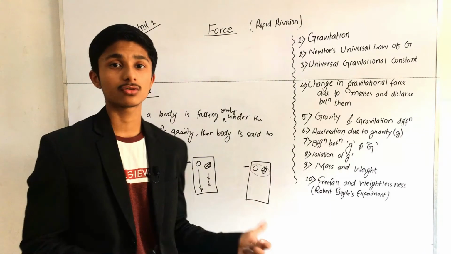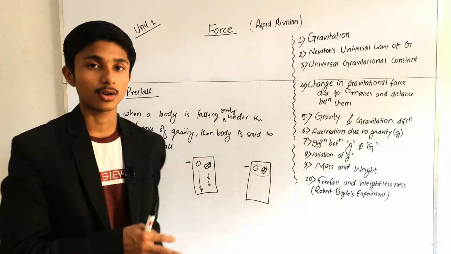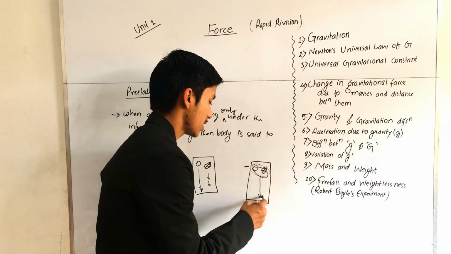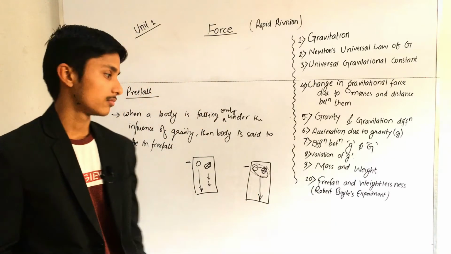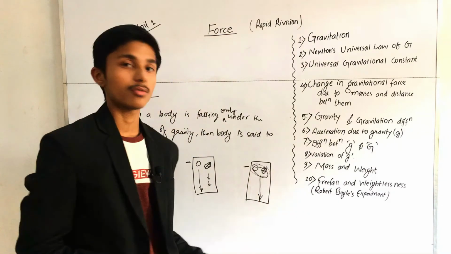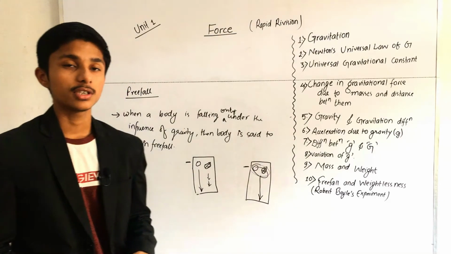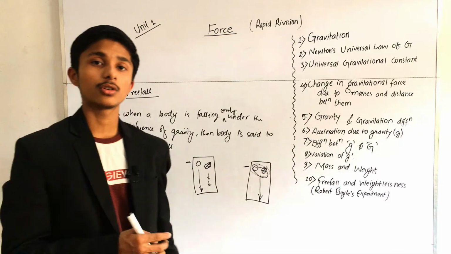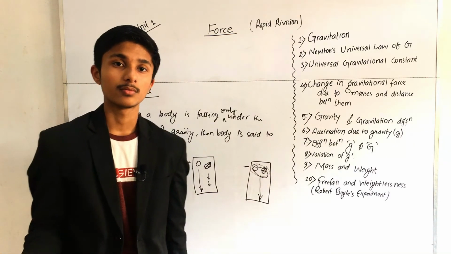Then he found an astonishing result. Both objects fall at the same time and hit the ground at the same time. It means he found the statement of Galileo Galilei to be true.